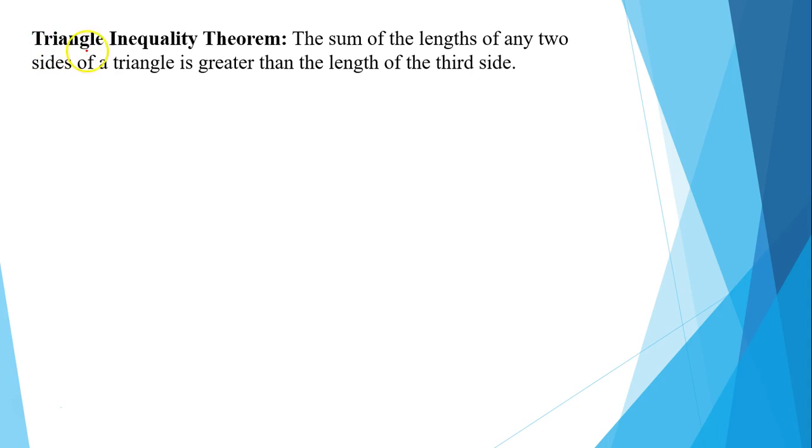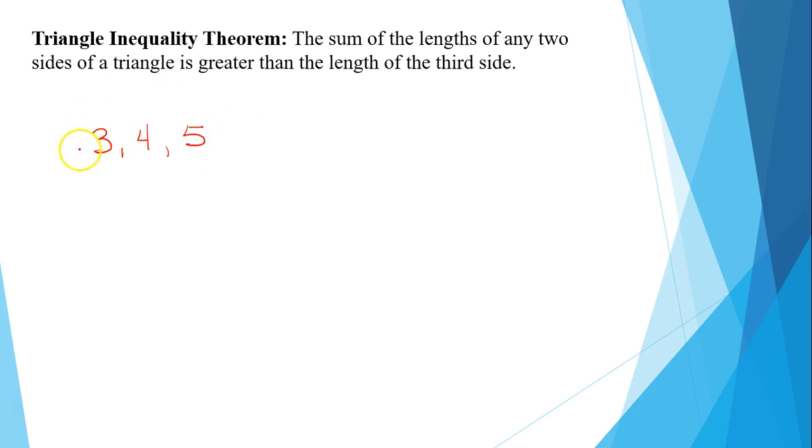Now here we have the triangle inequality theorem. I just wanted to remind you of this because there will be a problem on your test just like what I'm about to show you. The triangle inequality theorem states the sum of the lengths of any two sides of a triangle is greater than the length of the third side. Okay, so let's determine if I give you segments 3, 4, and 5.